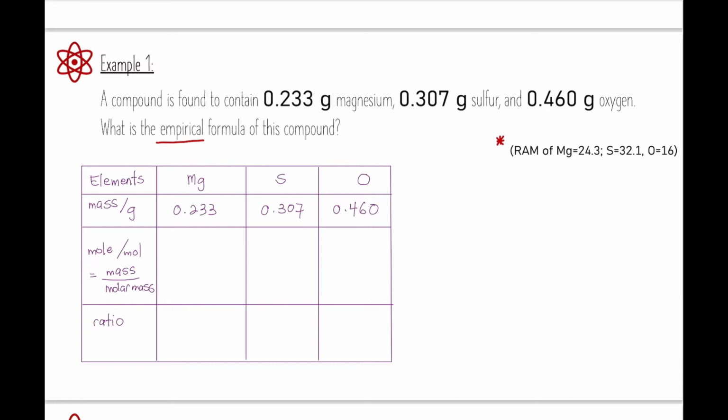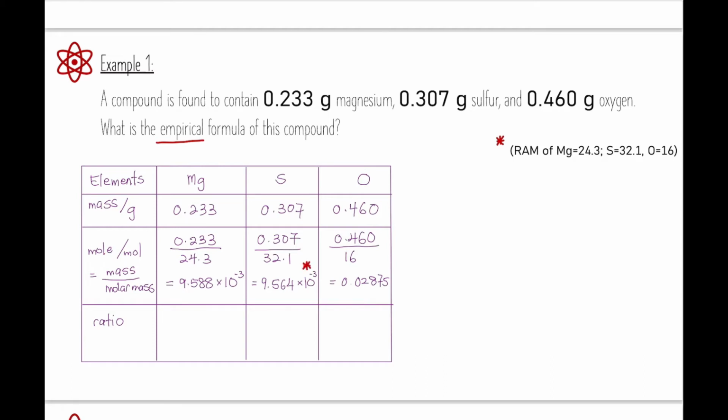Next, by using this formula, you can calculate the number of mole of magnesium, sulfur, and oxygen by dividing the mass given from the question with the molar mass from the list of relative atomic mass. Based on these values, sulfur has the smallest number of mole.